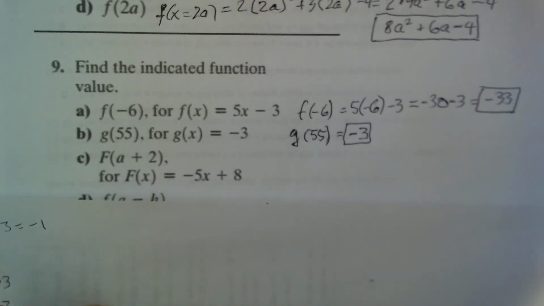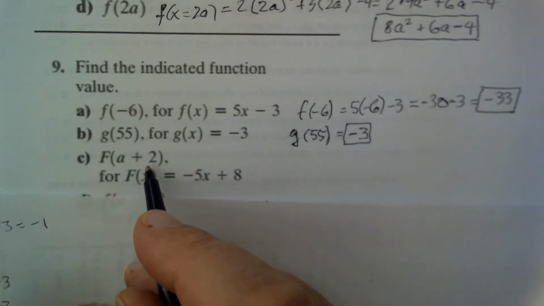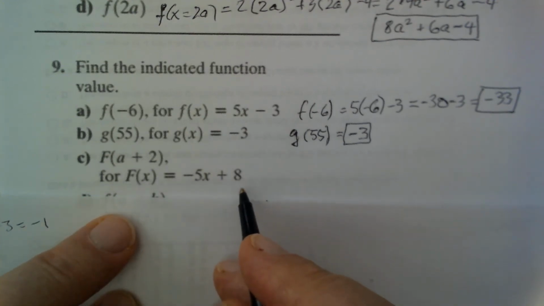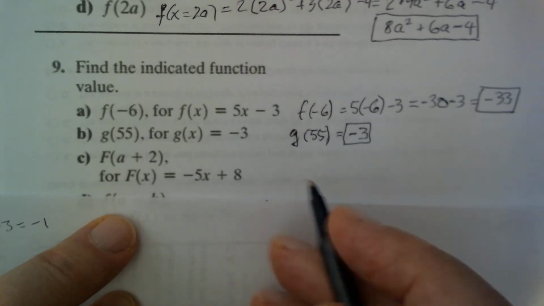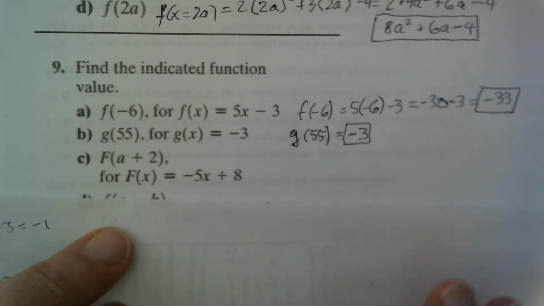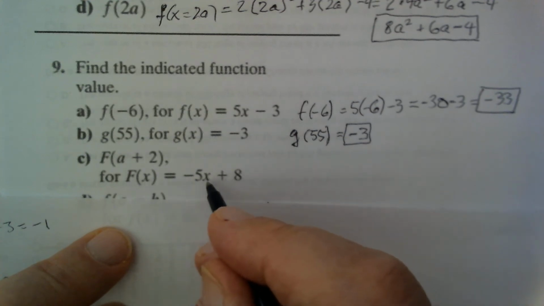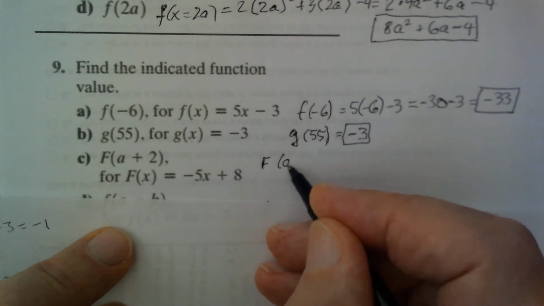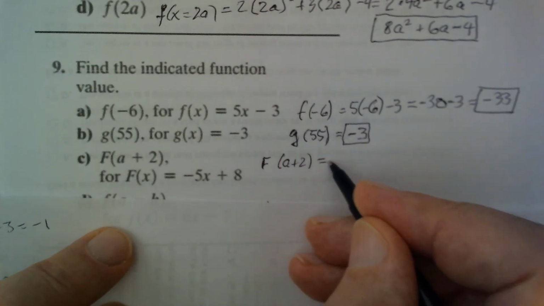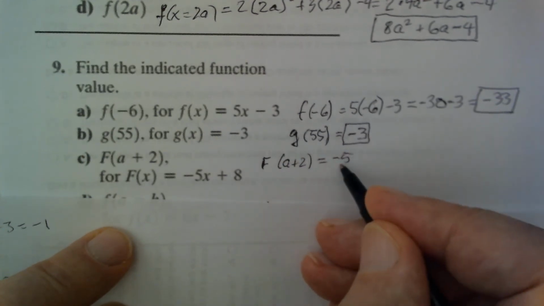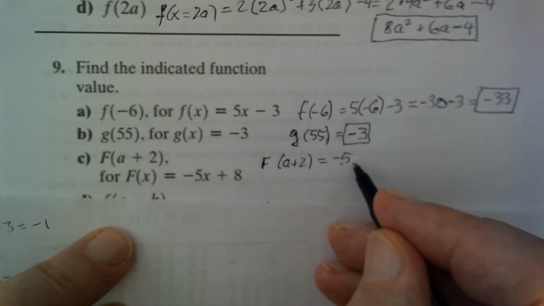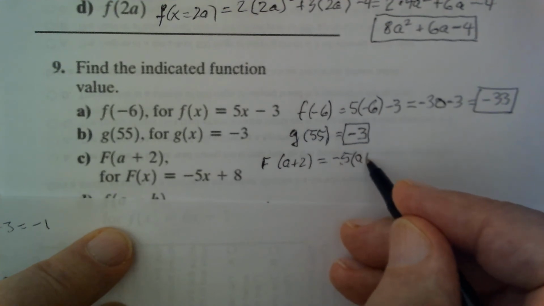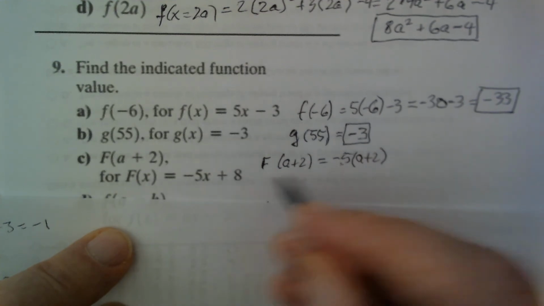And f of a plus 2 for the given function f of x equals minus 5x plus 8. So what that means, we replace x by a plus 2. So f of a plus 2 means minus 5, now comes x, but instead of x, we replace it with a plus 2, plus 8.